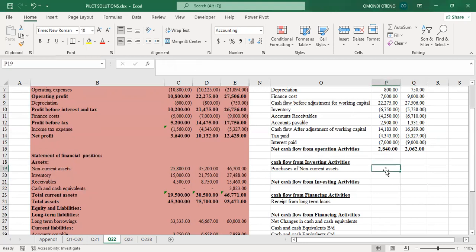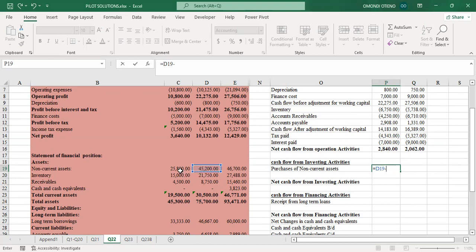Let's see. What are we saying? We are saying what we have in this account is as a result of purchase of a non-current asset. So this one here plus depreciation expense.